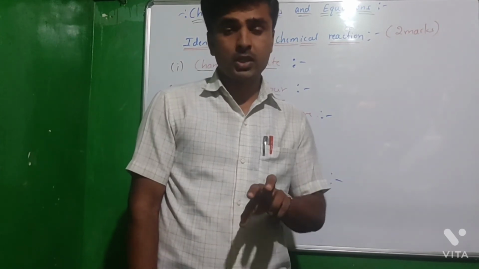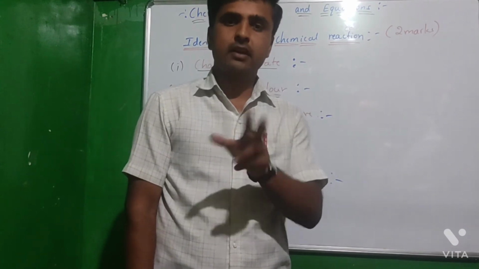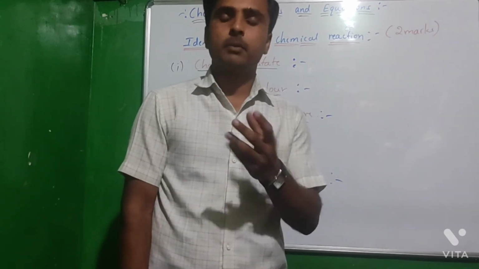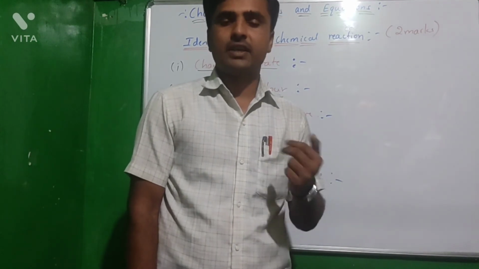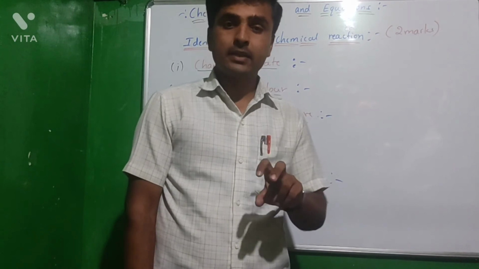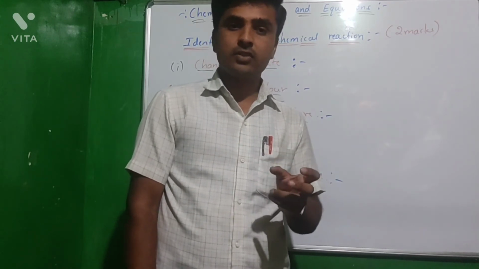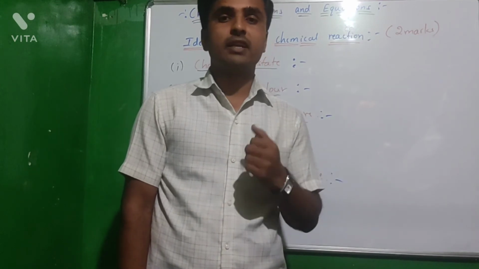Here the product is water vapor. The next one, take a second example, burning a paper. If we burn the paper, we get the ash. Then how do you find the physical change and chemical change, or physical reaction and chemical reaction?